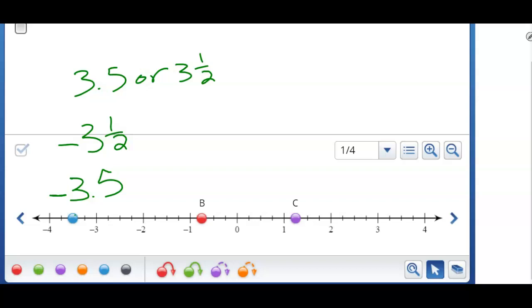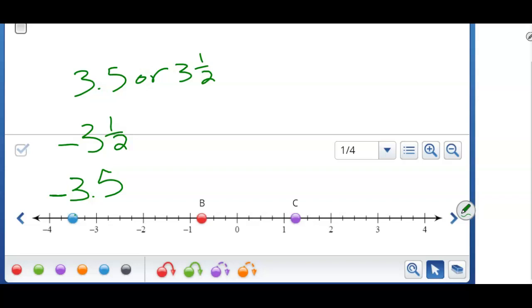Is B positive or negative? Negative. It is to the left of 0, so we know the number is going to be negative. If I were you, I would start in fraction form when you're given a number line. It's a lot easier.